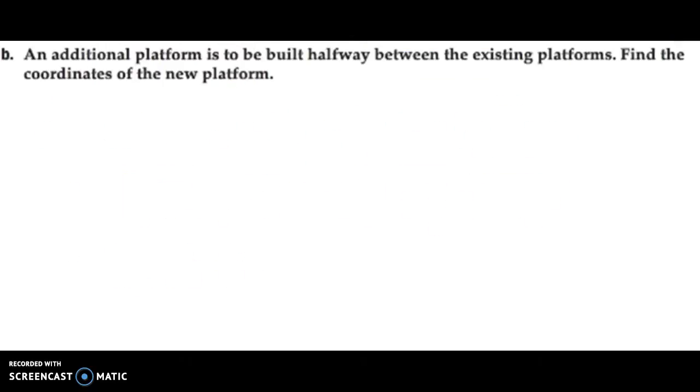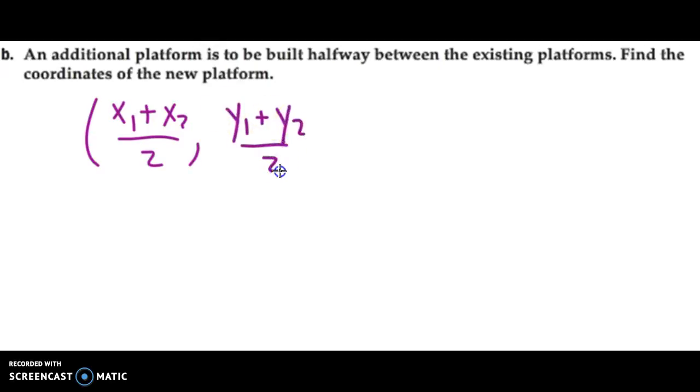Part B says an additional platform is to be built halfway between the existing platforms. Find the coordinate of the new platform. So this is asking us to find the midpoint between all of those. So remember, midpoint is x1 plus x2 over 2, y1 plus y2 divided by 2, and z1 plus z2 divided by 2.